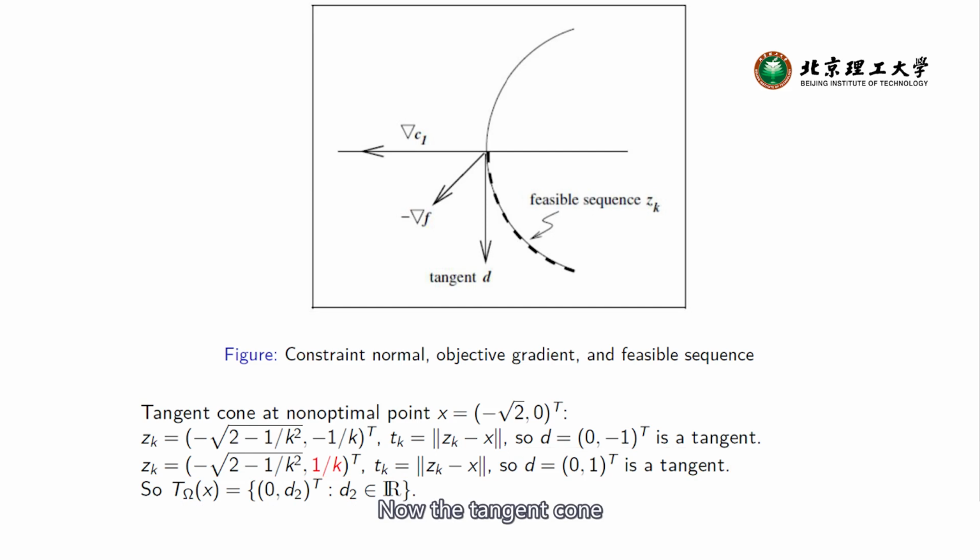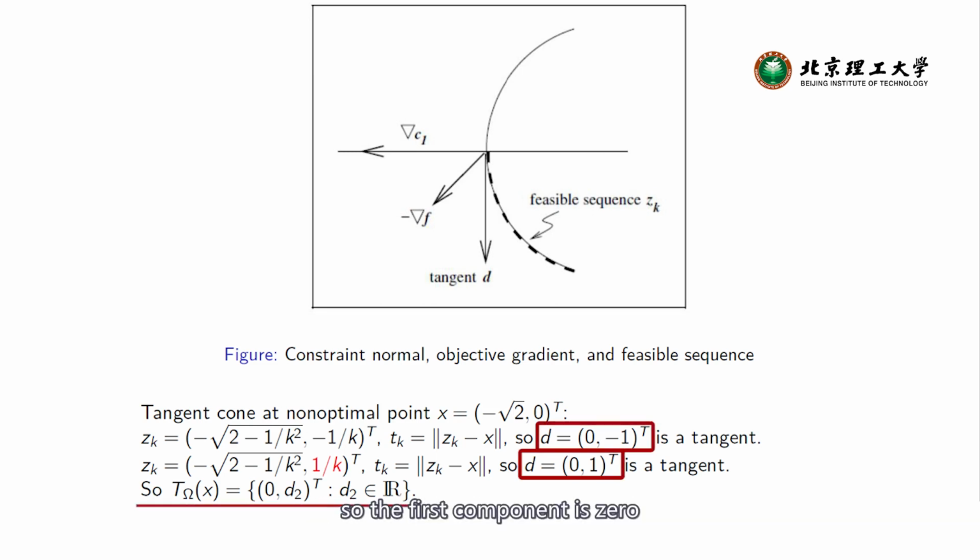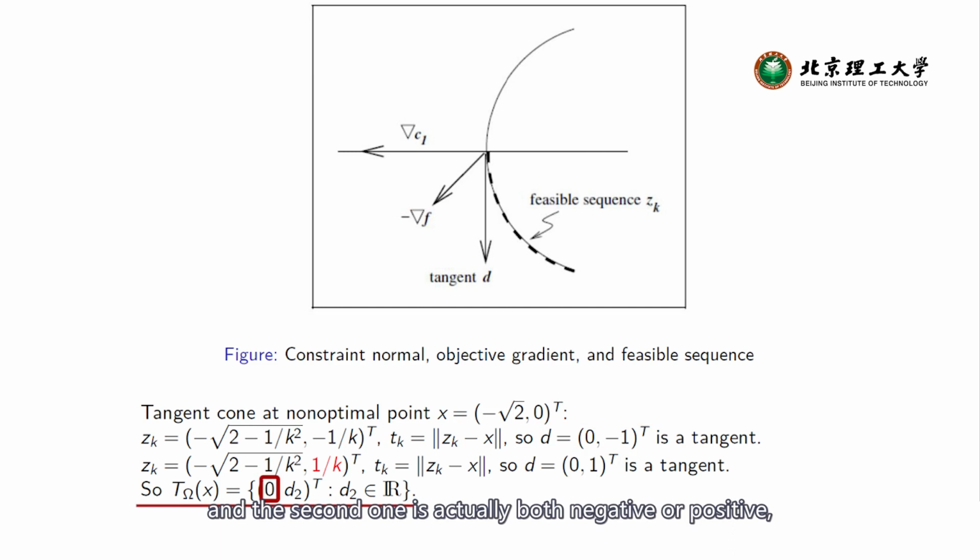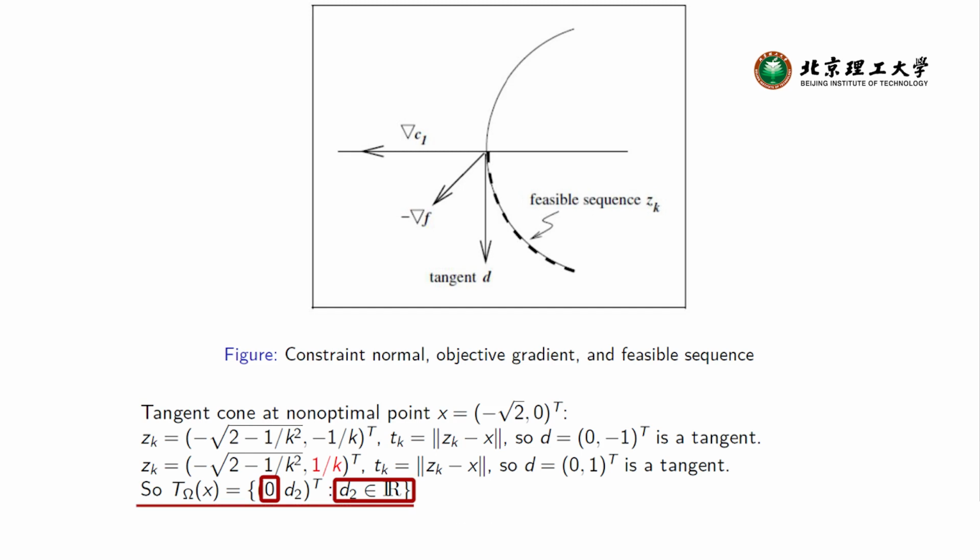Now, the tangent cone is made up of these two vectors. The first component is 0, and the second one is negative, positive, or 0. This means that the second component is free to move in any direction.